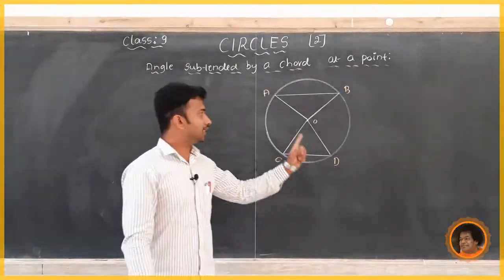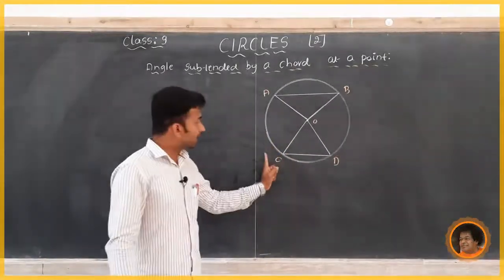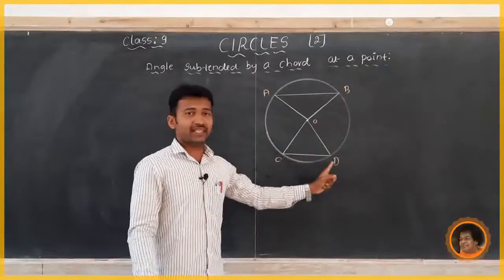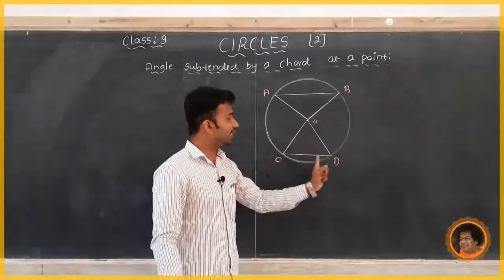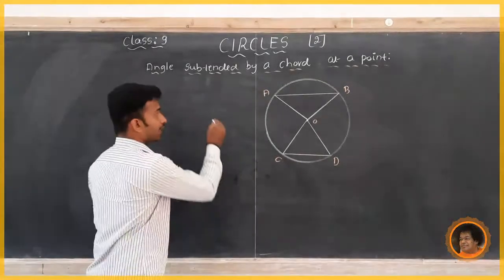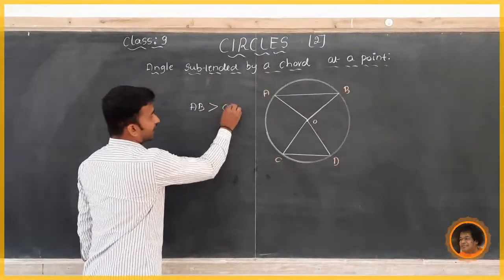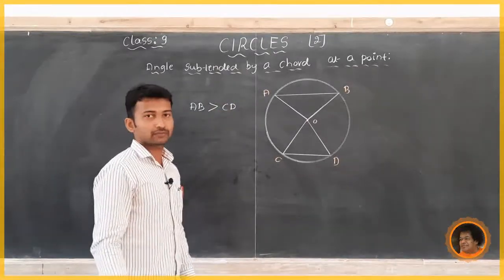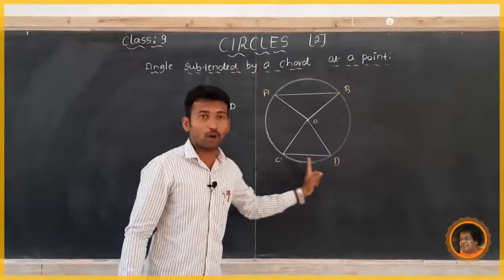Next, consider one more circle. AB and CD are two chords, and AB is greater than CD. The length of the chord AB is greater than the length of CD.